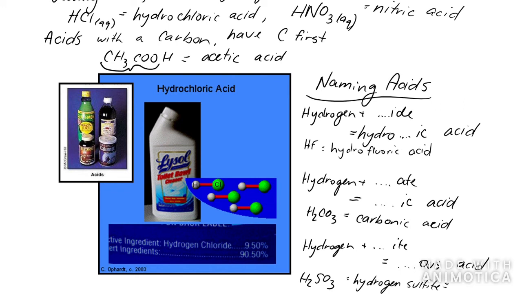So this one's actually called sulfurous acid. With sulfate, sulfite, and sulfur, we generally add this UR because sulfous just doesn't sound very good. It doesn't really work. So we'll add the UR, so it's sulfurous acid. Okay.